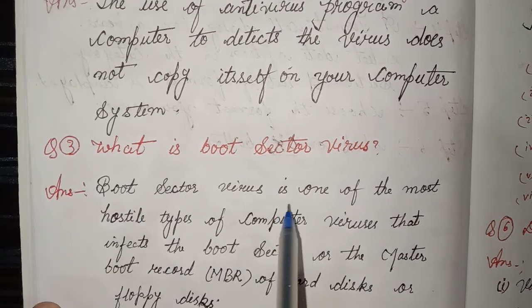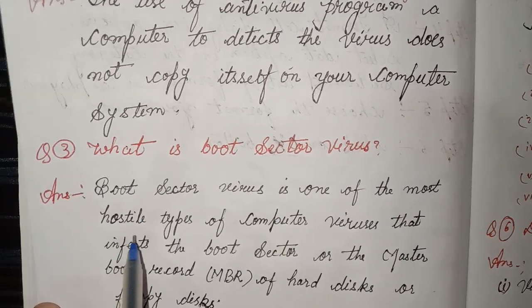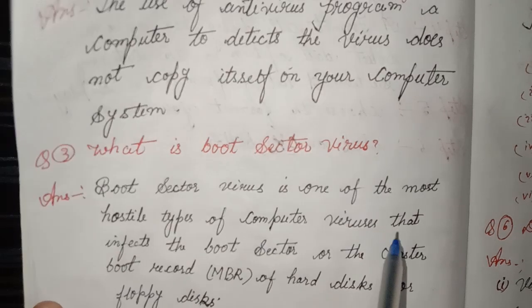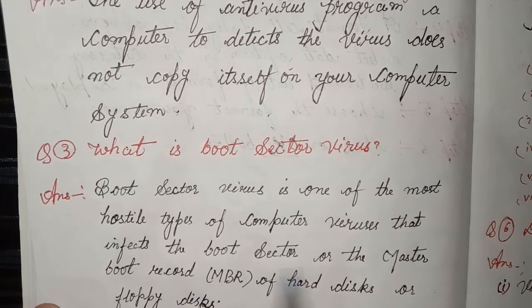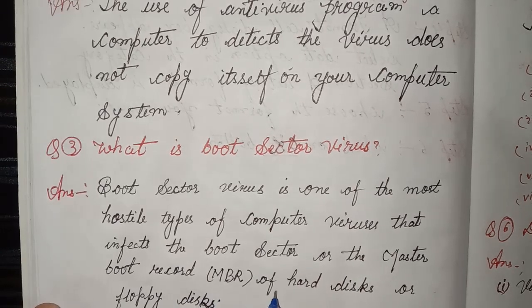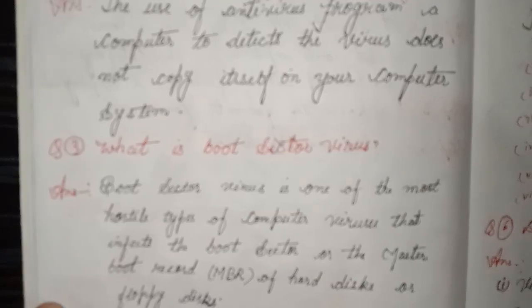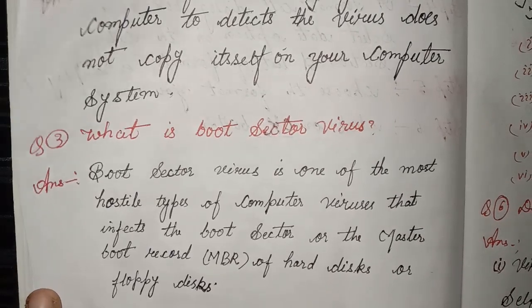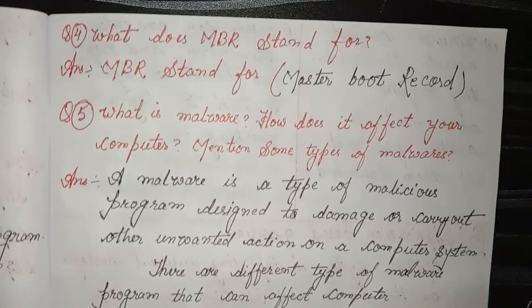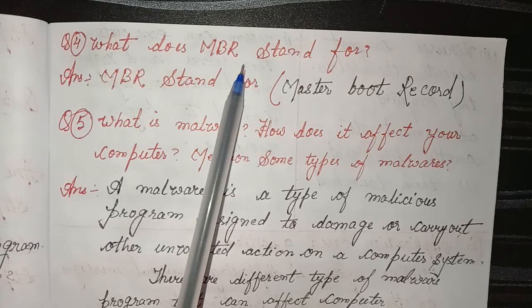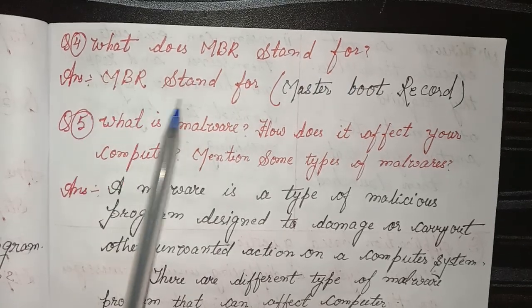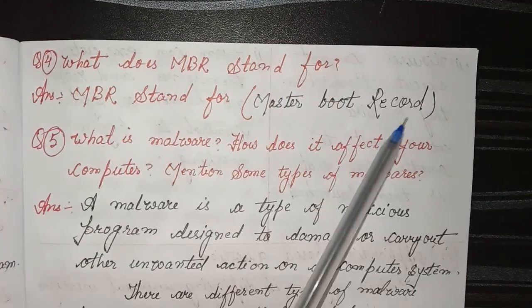Answer, boot sector virus is one of the most hostile types of computer viruses that infects the boot sector or the master boot record MBR of hard disk or floppy disks. Fourth question, what does MBR stand for? Answer, MBR stands for master boot record.